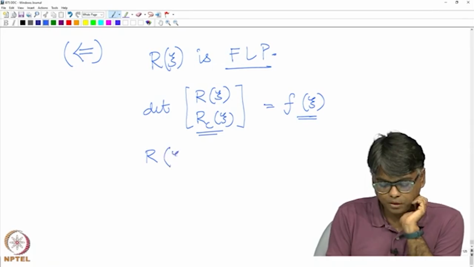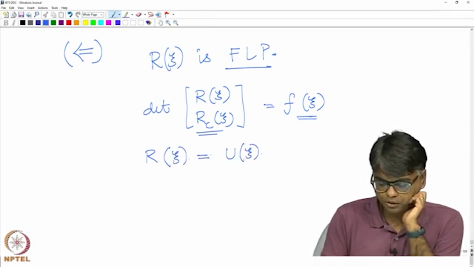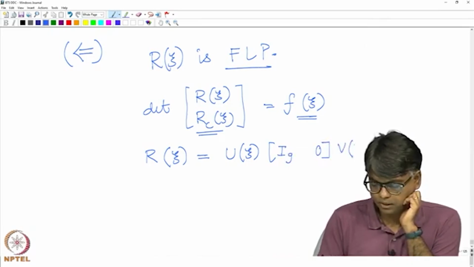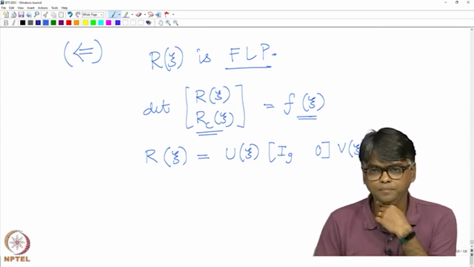So because R xi is factor left prime, its Smith form will look like this. We have seen that factor left prime implies the Smith form is of this form.